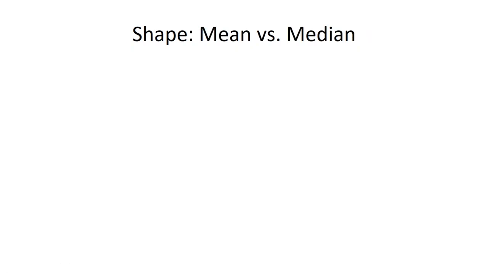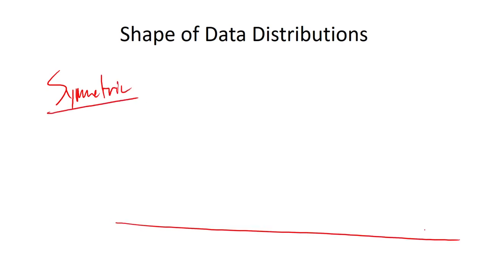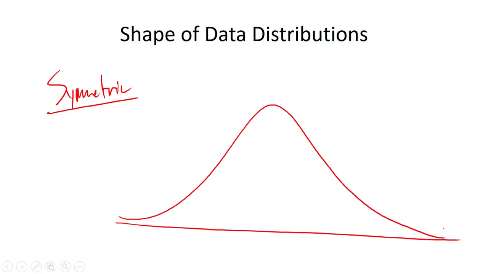This comes back to what we were talking about yesterday when we were talking about the shapes of data distributions. If you have a symmetric distribution, like we were talking about a bell shape, then in a bell-shaped curve, mine's crooked, but that's okay.